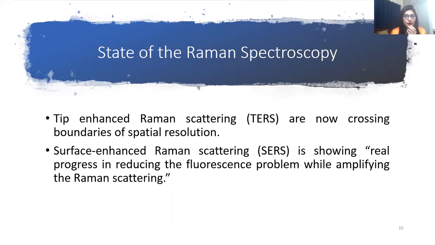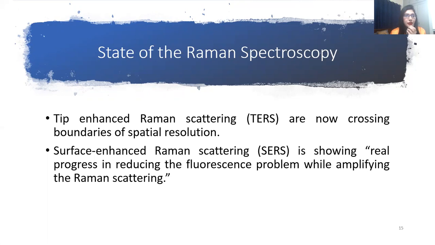The current state of Raman spectroscopy includes various advanced subsets of Raman, such as stimulated Raman scattering, coherent anti-Stokes Raman scattering, tip-enhanced Raman scattering, and surface-enhanced Raman scattering.